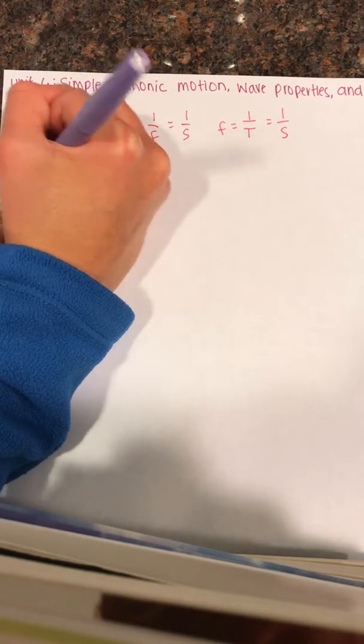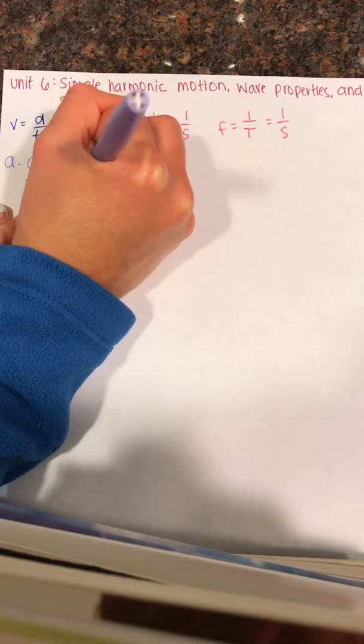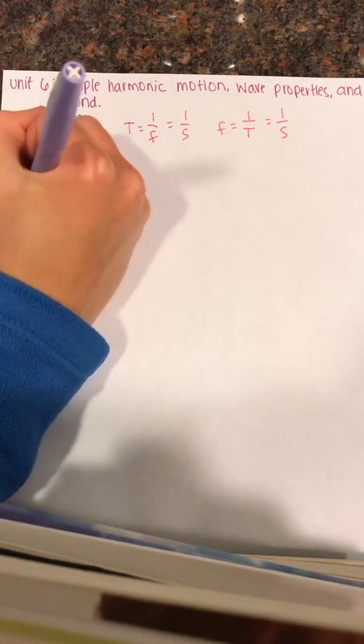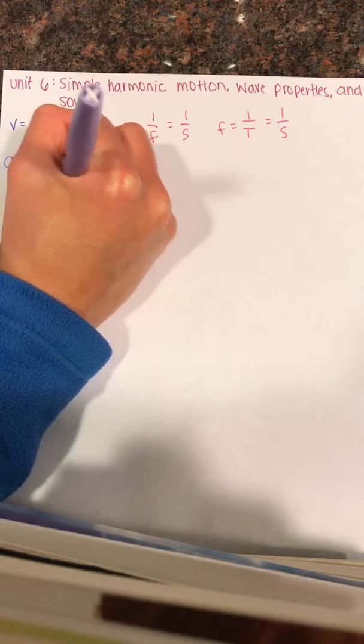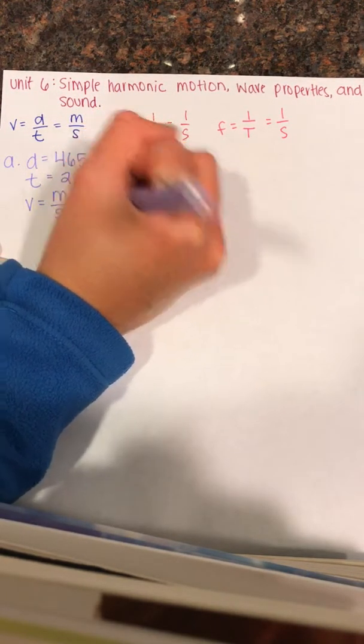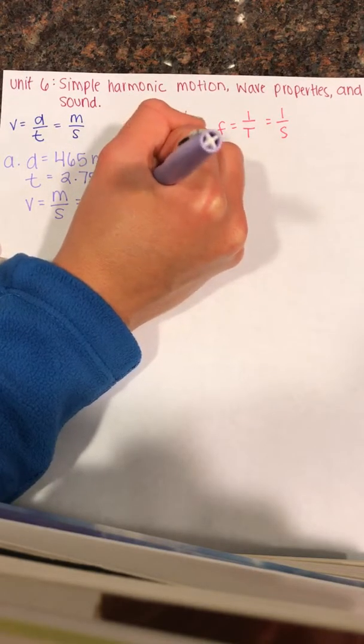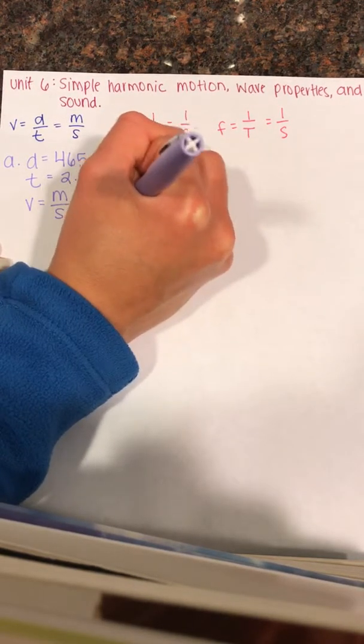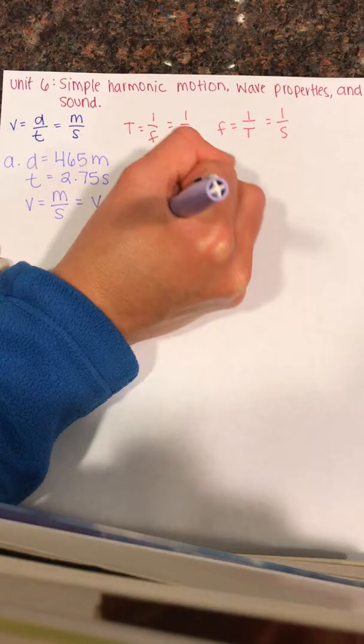And we know that the time equals 2.75 seconds, which we understand fits into the velocity equation. So we would have velocity equals meters over seconds, which equals V equals 465 meters over 2.75 seconds.